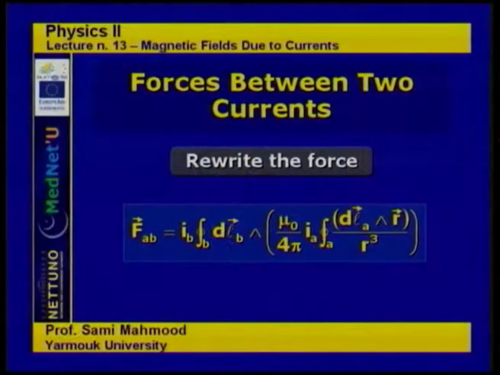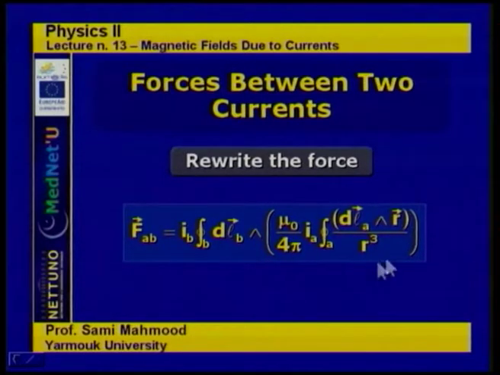And now we can rewrite this formula in the following form. First of all, we can perform the integral over loop A to obtain the magnetic field produced by loop A. And this integral is mu naught over 4 pi IA times the integral over loop A of dLA cross R over R cubed.